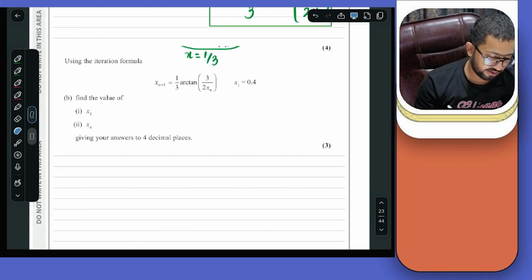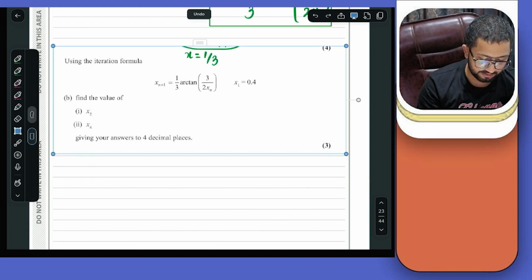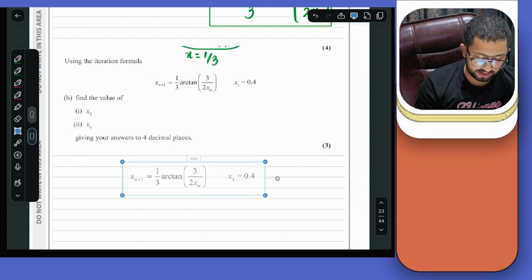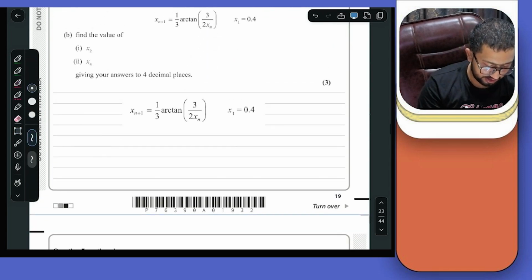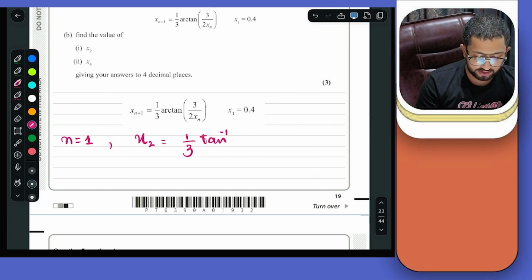Okay, find the value of x2. Yes, this part is very easy. How can you get x2? The x1 value is available already. So put n equal to 1, then you get x2 equals 1 over 3 tan inverse 3 over 2x1.